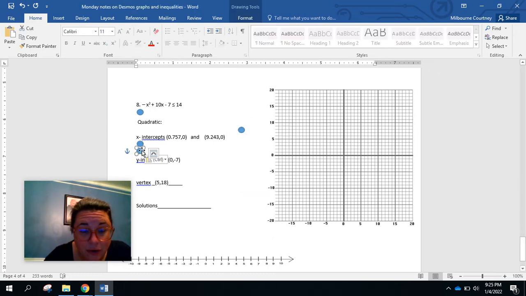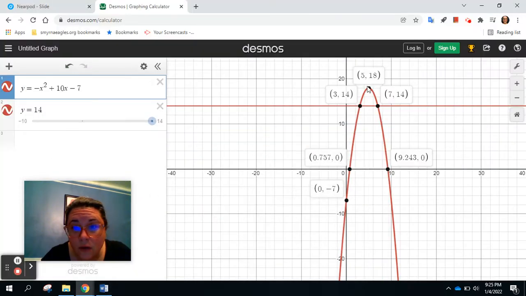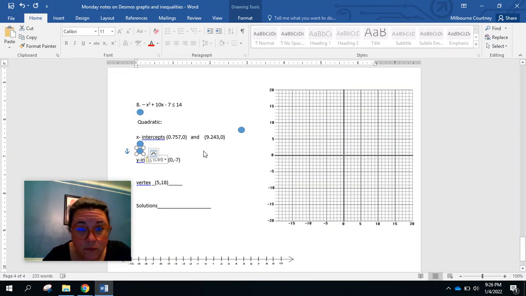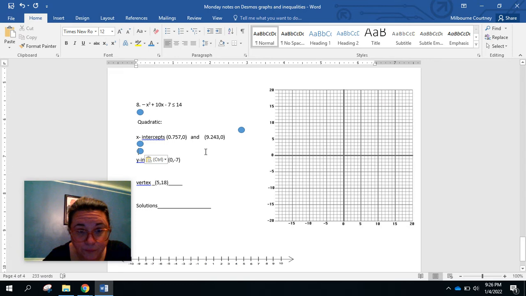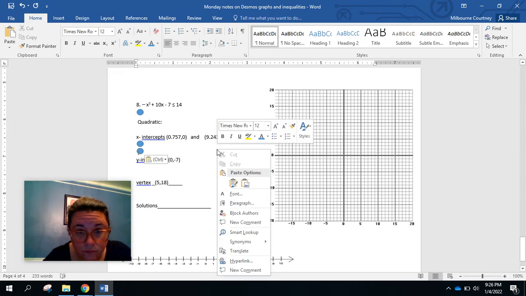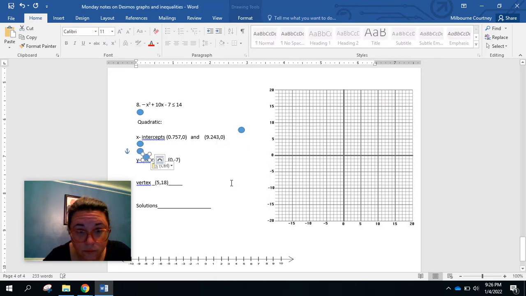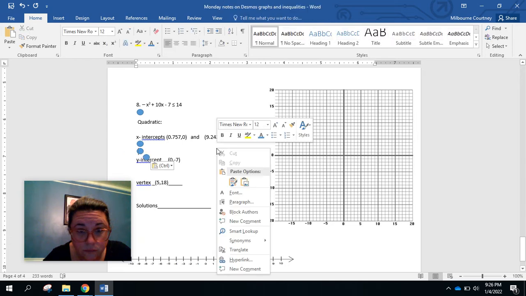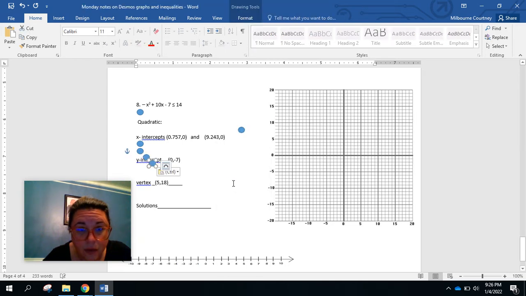Now this is for my x-intercepts, my y-intercept, and my vertex, but I actually have a couple more I need. If you take a look, we still need 3.14 and 7.14 because those are key important points because they're the points of intersection. So I need 3.14 and 7.14 as well. So I need 2 more dots. I'm just hitting this. Okay.